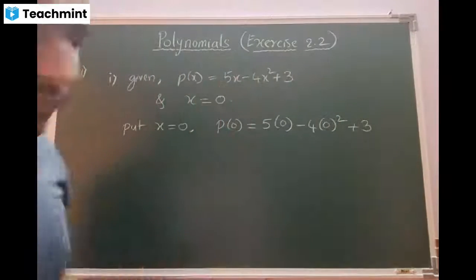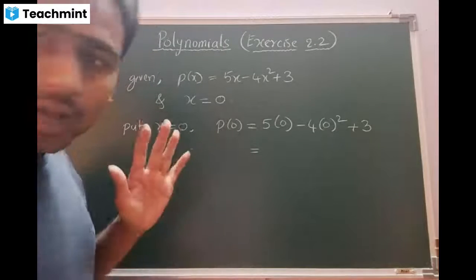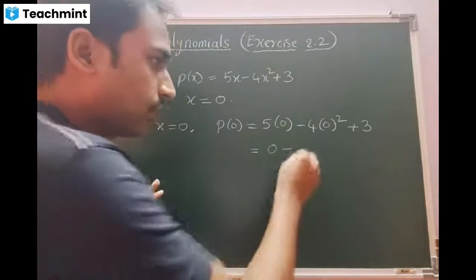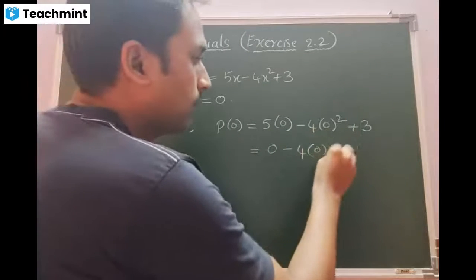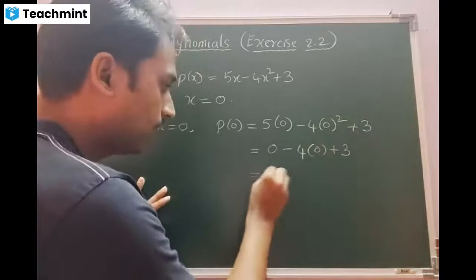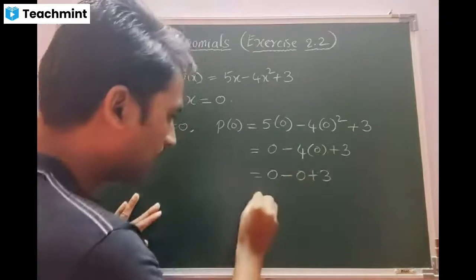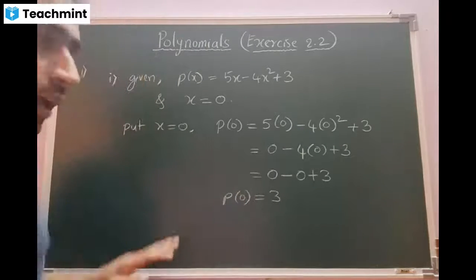Is that clear? Yes, sir. Now 5 into 0 is 0, minus 4 into 0 squared, 0 squared is 0, 4 into 0 is 0, plus 3. Finally, 3.